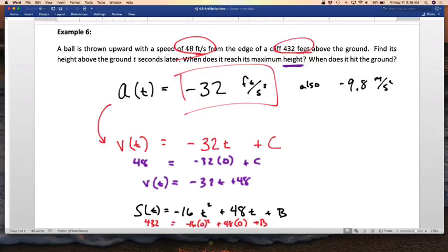So b is 432. So my equation, my position function, is s of t equals negative 16 t squared plus 48 t plus 432.